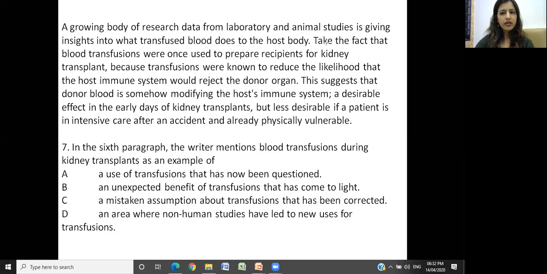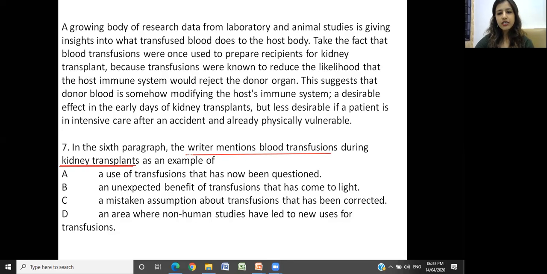You see here, the question is saying, why has this example been used? The question is not asking you about the transfusion during kidney transplant. This is a purpose question which tells you, why is the writer mentioning blood transfusion?